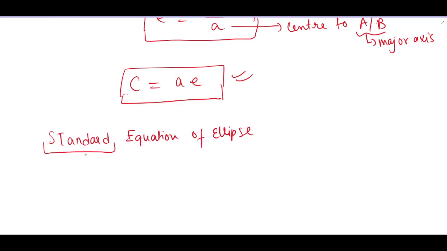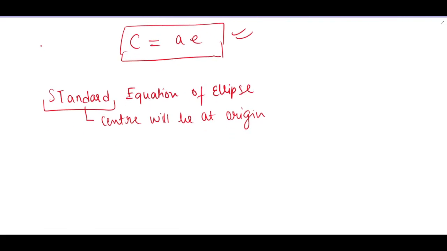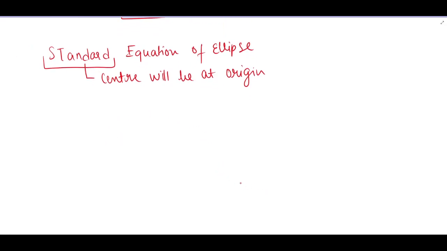By standard we mean the center will be at the origin. So consider any point P, x comma y, and the endpoints or vertices of the ellipse.